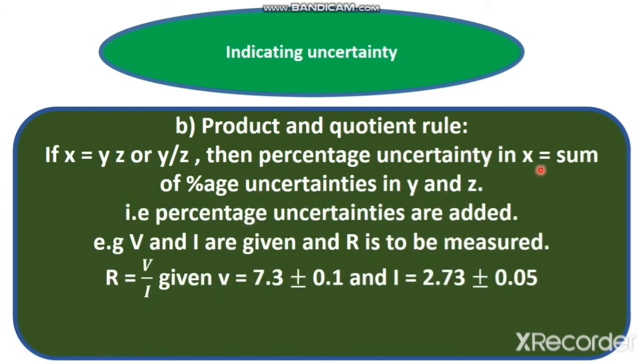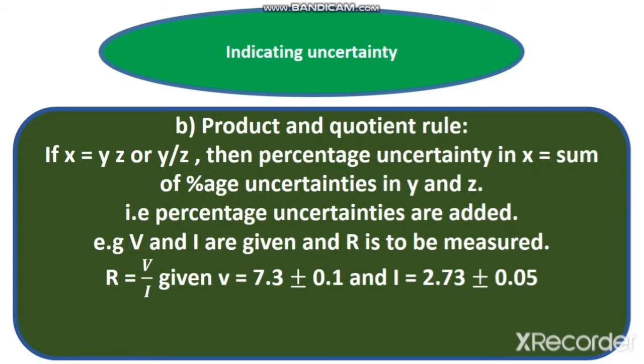Percentage uncertainty in x is equal to the sum of percentage uncertainties in y and z. That is, percentage uncertainties are added. The rule is percentage uncertainties of the individual values are added.